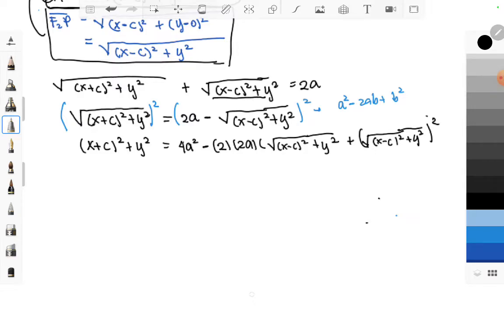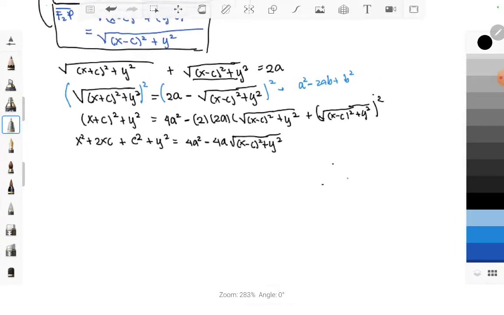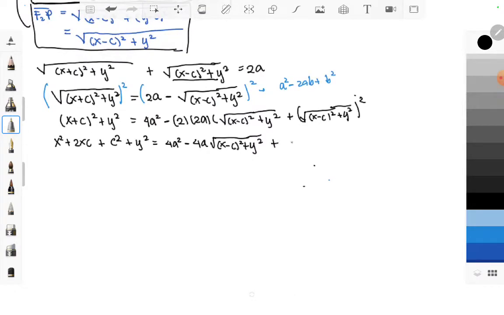From here we will have x square plus 2xc plus c square plus y square, which is equal to 4a square minus 4a multiplied by the square root of x minus c square plus y square, plus of course x minus c square plus y square.